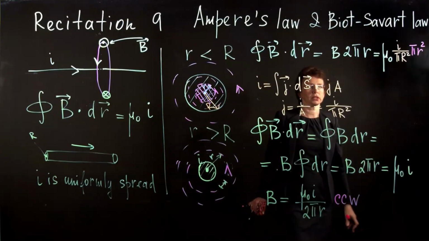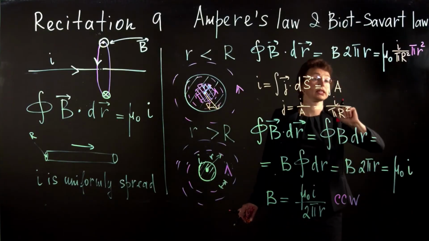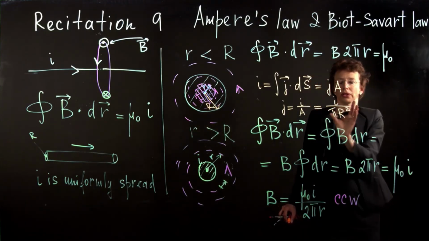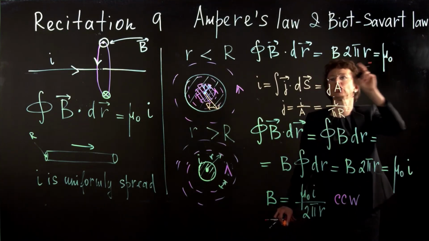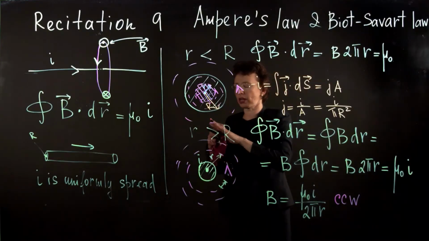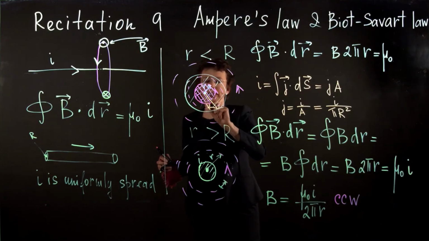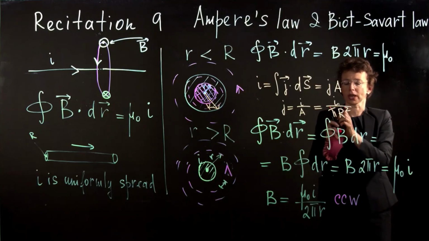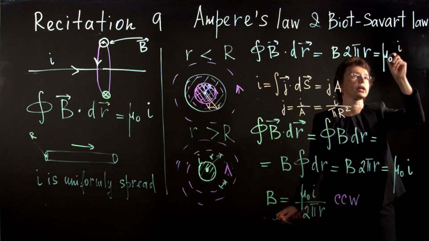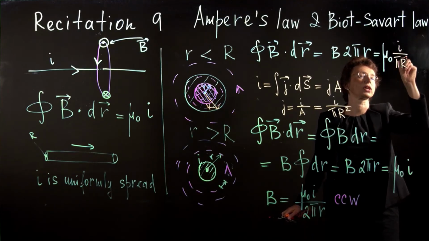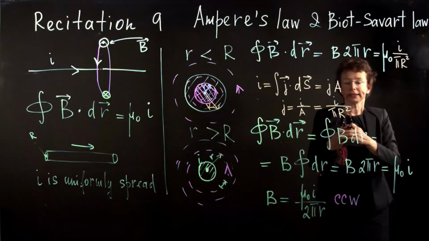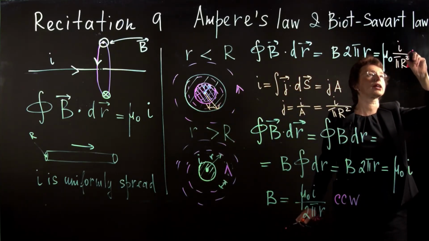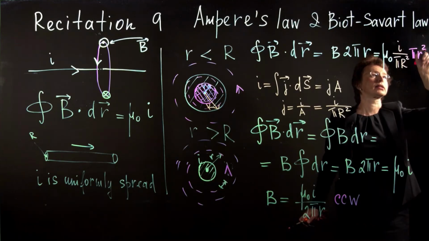All we need to do is simplify this expression and solve for B. This means that the current enclosed by this loop, and I remind you that this loop has arbitrary radius r, is J, which is I over pi capital R squared, the current density, times the area enclosed by the circumference of arbitrary radius r, which is pi r squared.